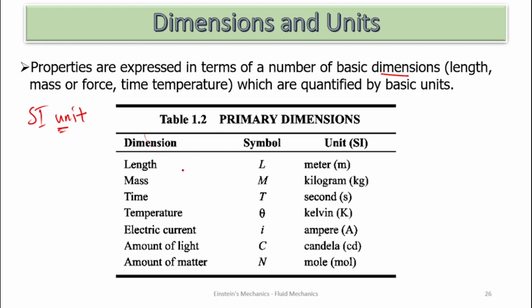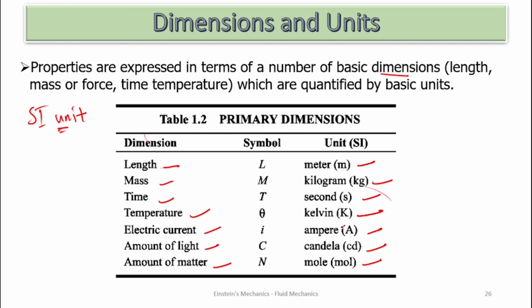This we already know is very simple: length is related to the unit meter, mass to kilogram, time is expressed in seconds, temperature, in this course, we are going to take Kelvin, electric current is ampere, amount of light is candela, and amount of matter or substance is the mole.